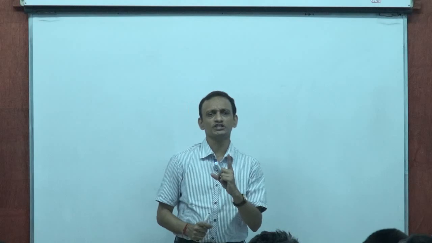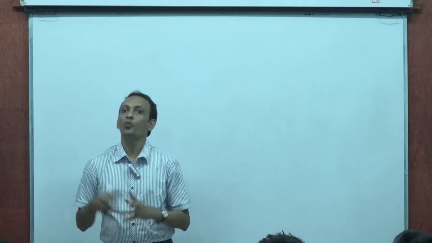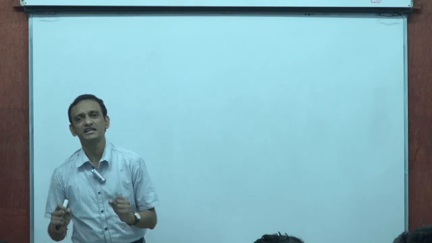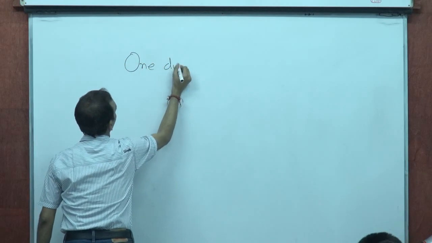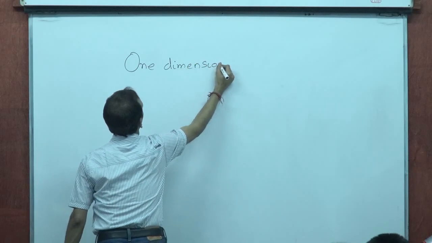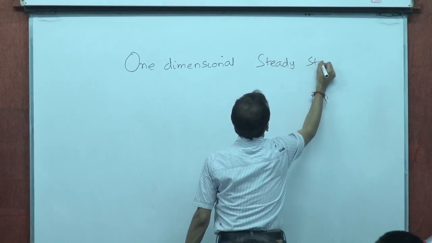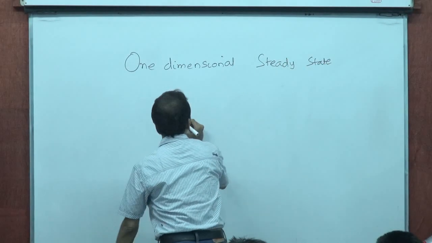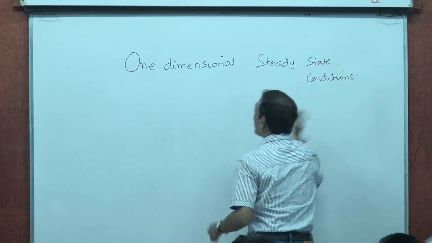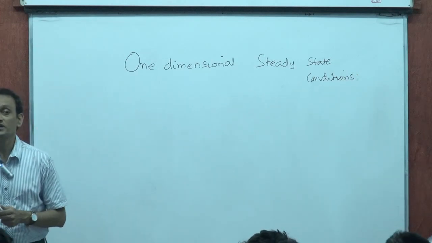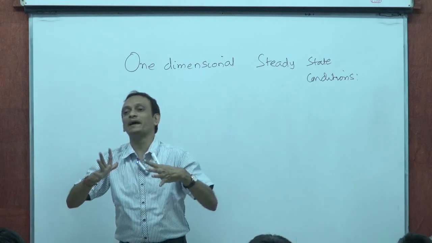In a very general sense, we would, at least at this level, look at a one-dimensional steady state heat issue. When I say one dimension, it means heat essentially flowing in one direction, or the flow of heat characterized by a single direction.